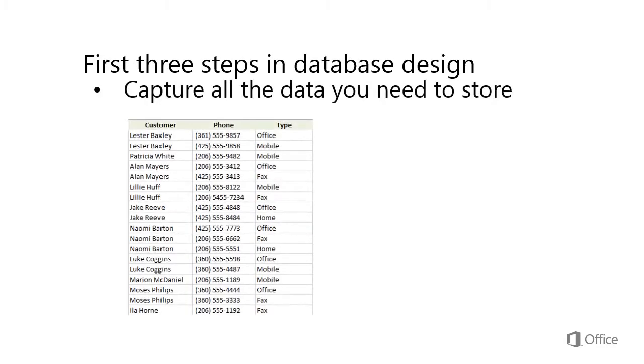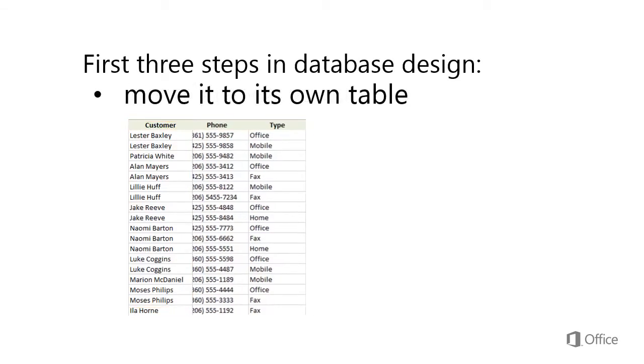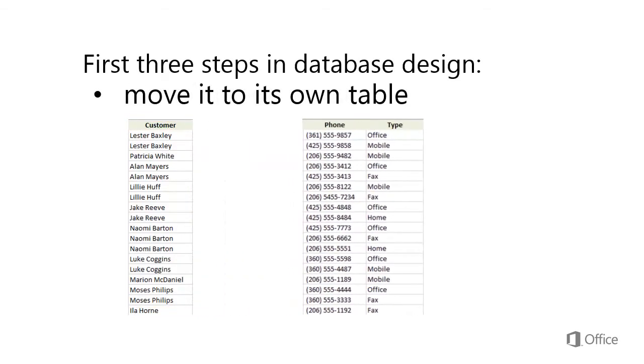In this example, I needed customer names, phone numbers, and a way to categorize those numbers. The second step is to identify all the data you know you're going to repeat or you think you're going to repeat. In this example, it was customer names, and once you've identified the repeated data, step 3 has you break that data into its own table.